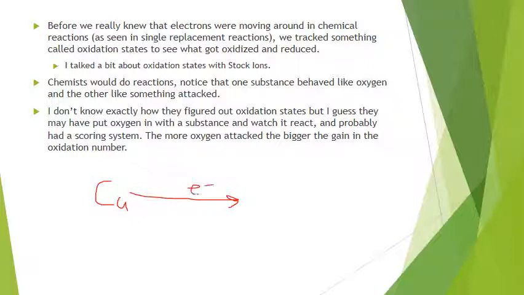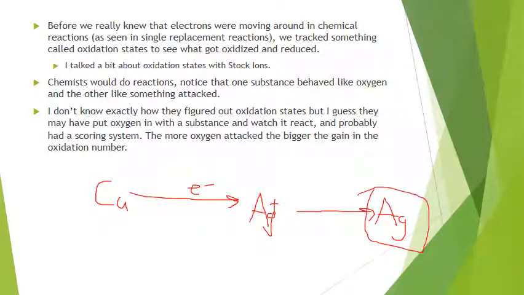Its electrons got transferred to silver, and the silver became reduced, gained electrons, and became Ag and came out of solution, and the copper lost the electrons. And it is oxidized.